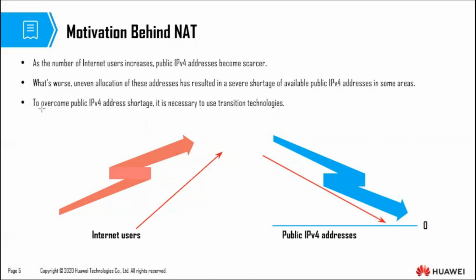So to overcome IPv4 address shortage, it is necessary to use what we call transition technologies. One of the transition technologies is NATing.